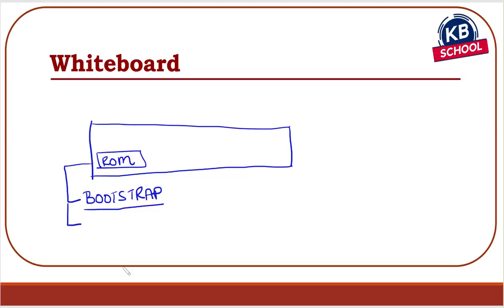A normal PC would also have the bootstrap program in ROM. It loads up the bootstrap program as soon as it comes up. Once the bootstrap program is loaded up, it loads the operating system of a PC, which is your Windows operating system or a Linux operating system, whatever operating system you're running on the device.